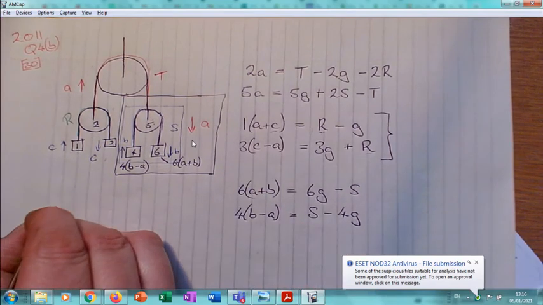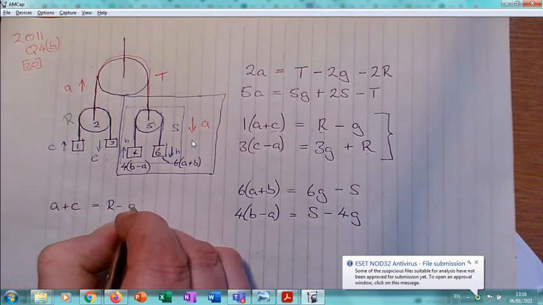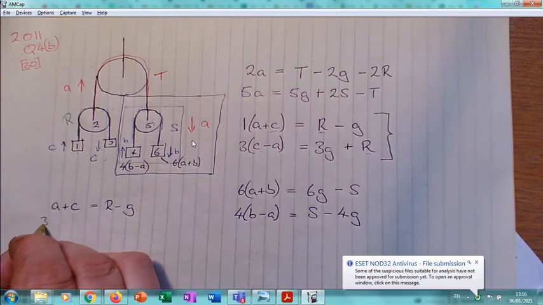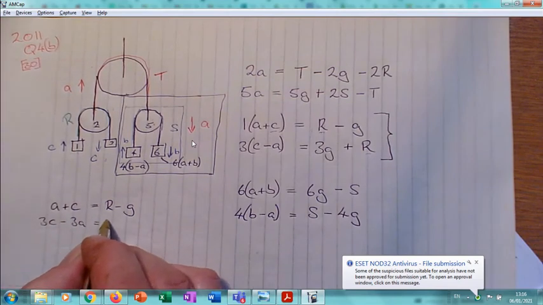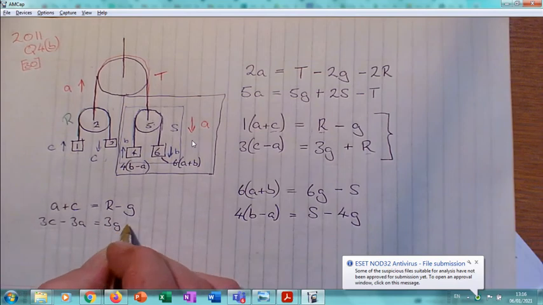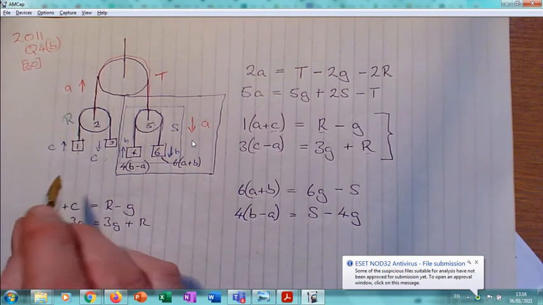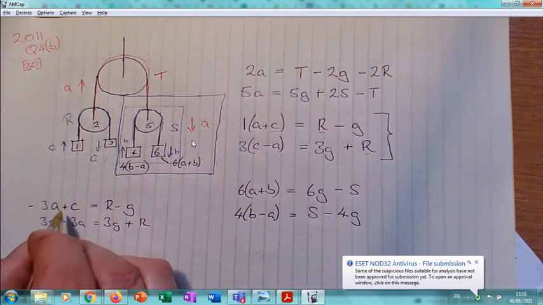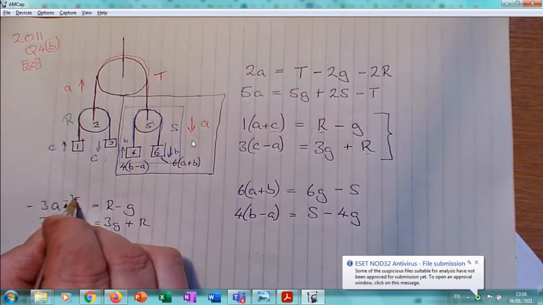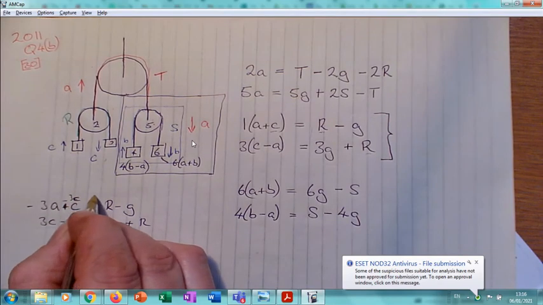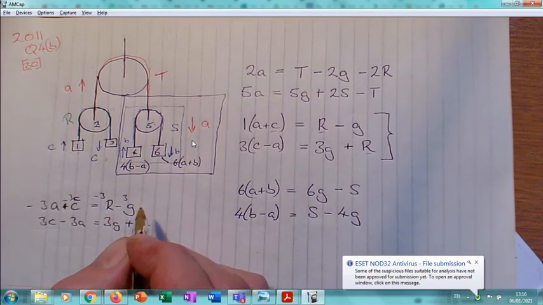Okay, so I've got a plus c is equal to R minus g. I've got 3c minus 3a is equal to 3g plus R. I want to get rid of the C's, therefore minus 3a minus 3c equals minus 3R minus 3g.